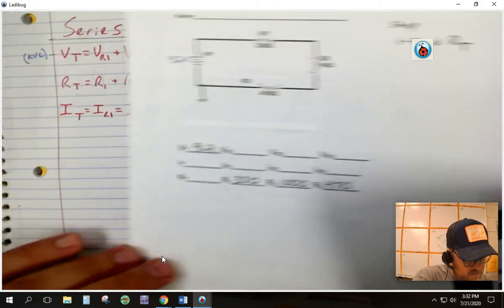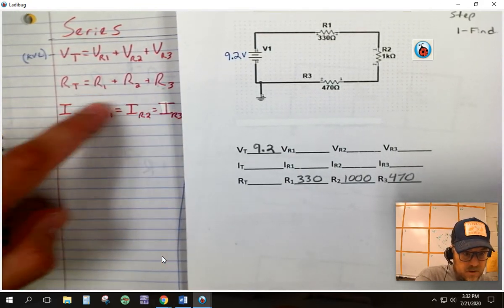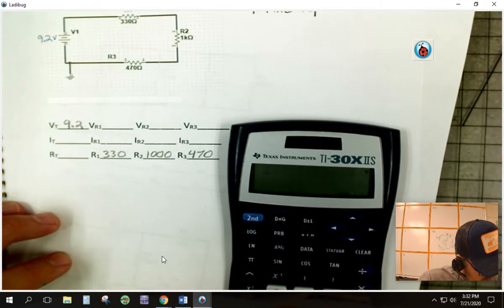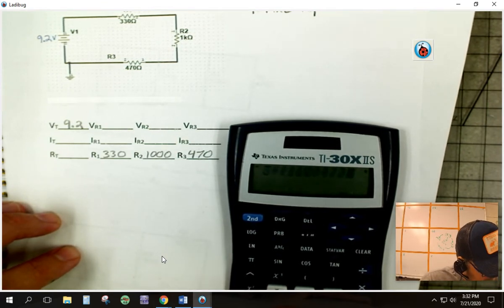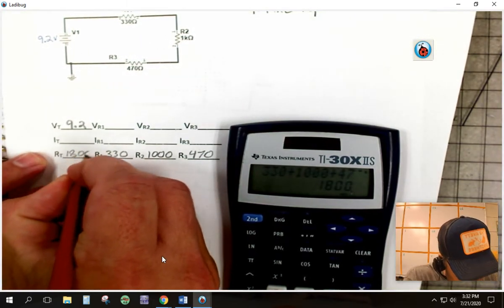Once again, I can look at my formula, and in a series, my resistance is just a sum of the parts. Remember that I had to transform to base unit. And we see that that is 1,800.